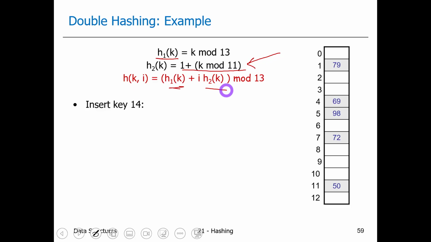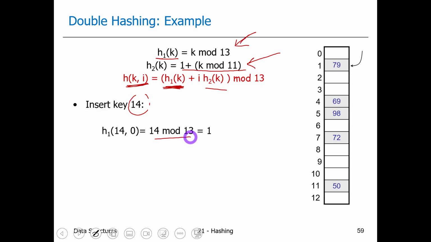Let's say we have to insert 14. To insert 14, we will simply find its mod with 13, of course. If I fill values here, 14 comma 0, that gives you h1 of k. h1 of k is 14 mod 13, plus, since i is 0, this term is cancelled.